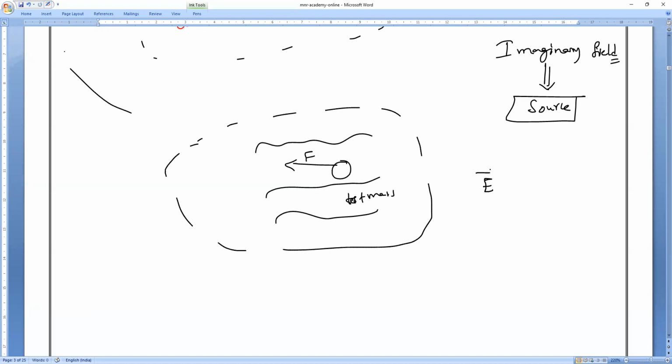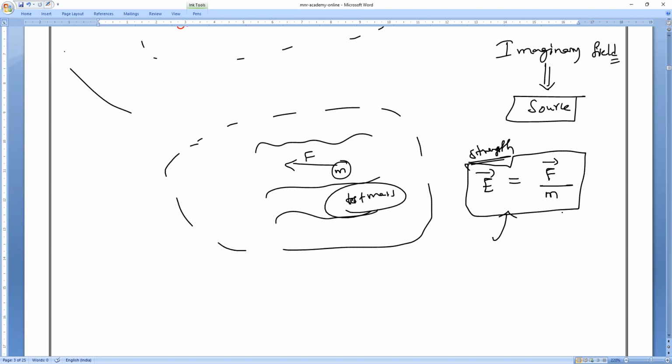We use a symbol for this strength. Please remember, it is the strength of the gravitational field. E is equal to the force of attraction divided by the mass of the test mass, the small mass. That is the formula for the gravitational field. The strength of a gravitational field, E equals F by M.